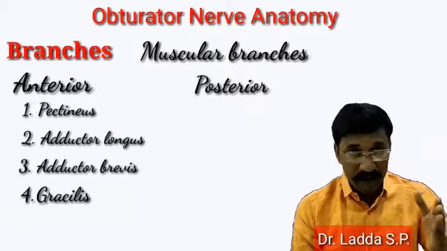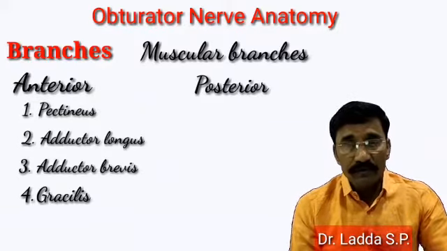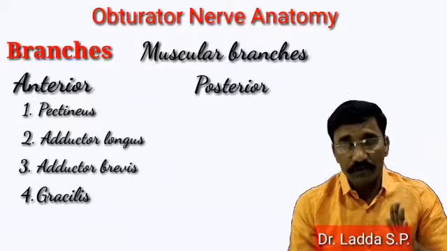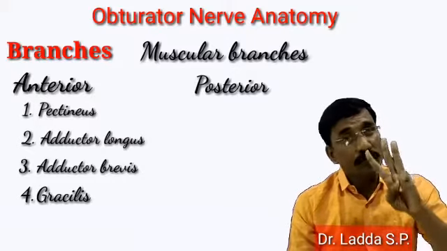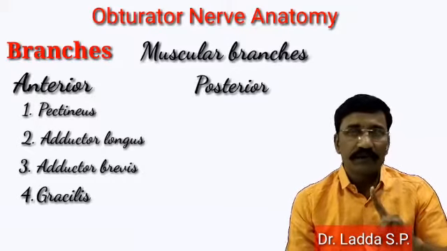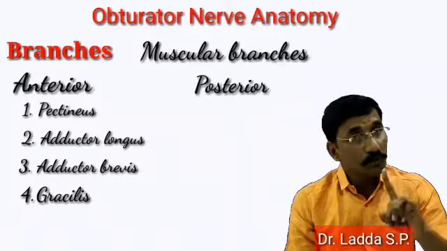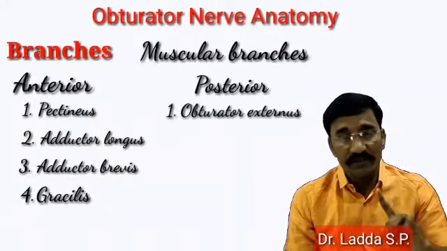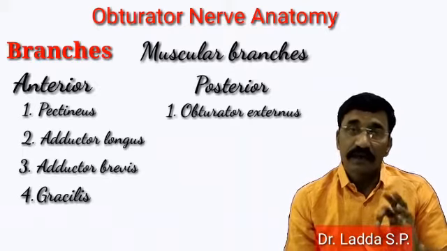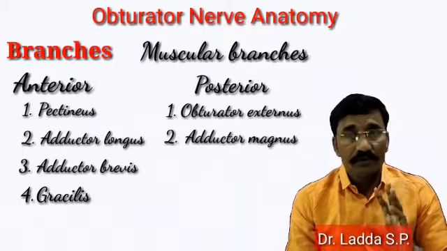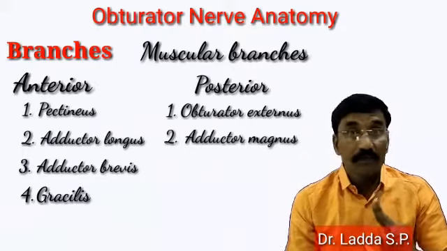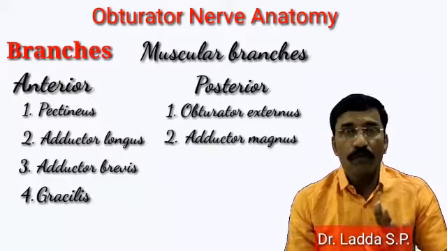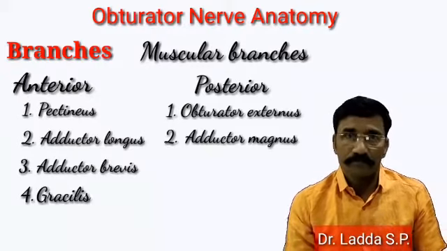Whereas the posterior division supplies two muscles. Which are those two muscles? One is obturator externus and second is adductor magnus. So these two muscles are supplied by the branches from posterior division.